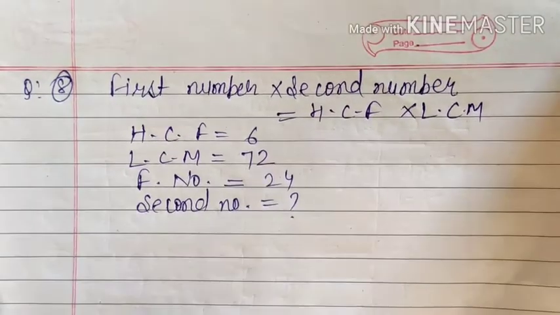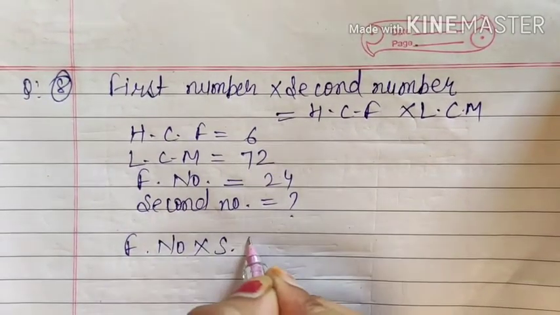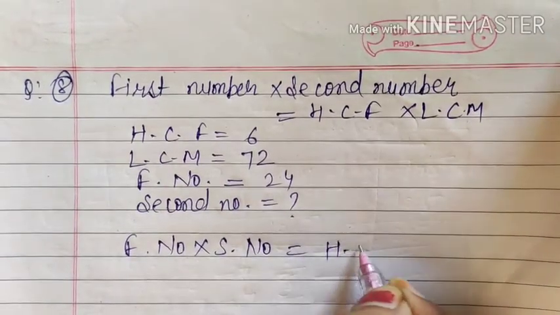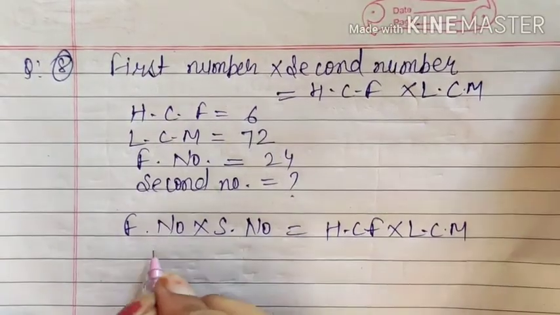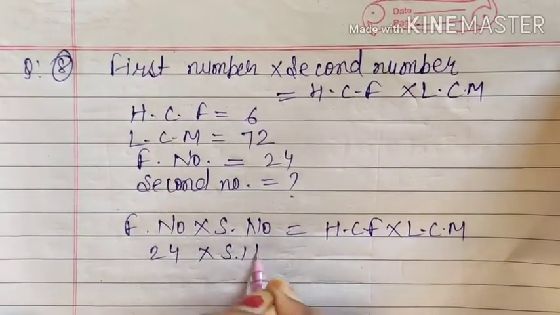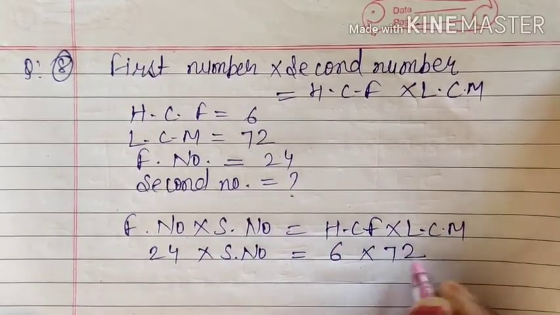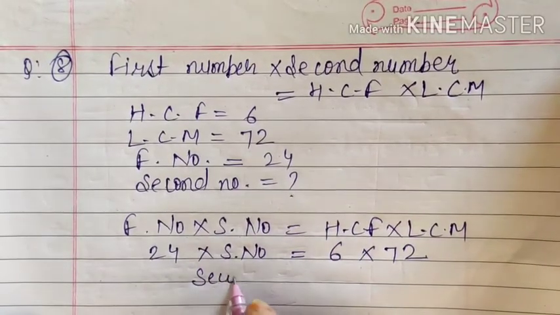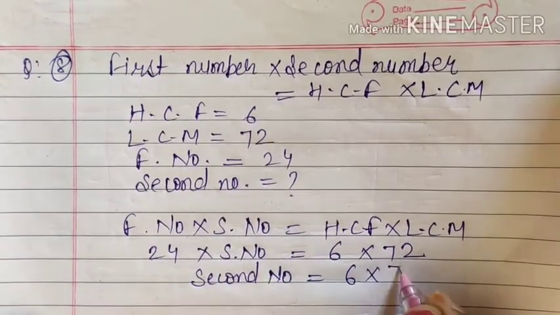So you see, from our formula, first number into second number is equal to HCF into LCM. First number is 24, second number we don't know, HCF is 6 and LCM is 72. So to find this second number, we will bring this 24 here, 6 into 72.